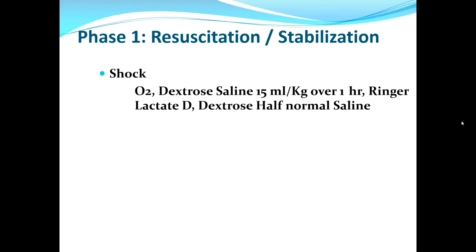We don't recommend overhydration. This can be either dextrose saline or Ringer lactate D. And if not available, we can use dextrose half normal saline as well.